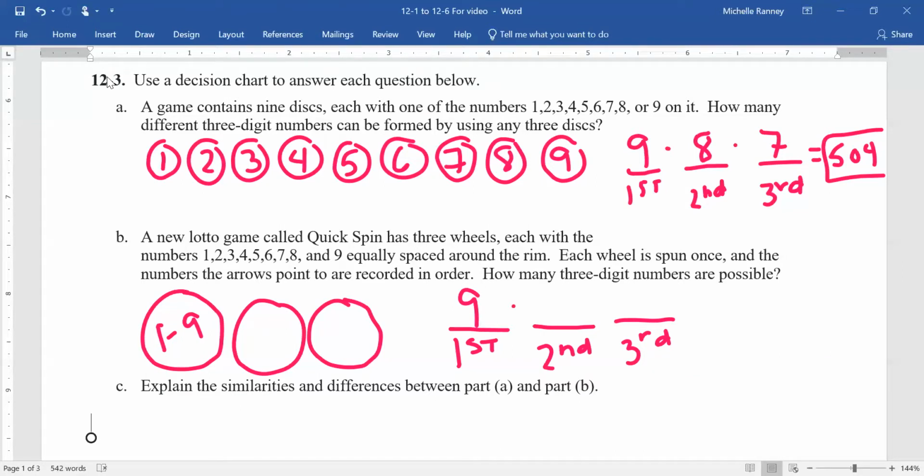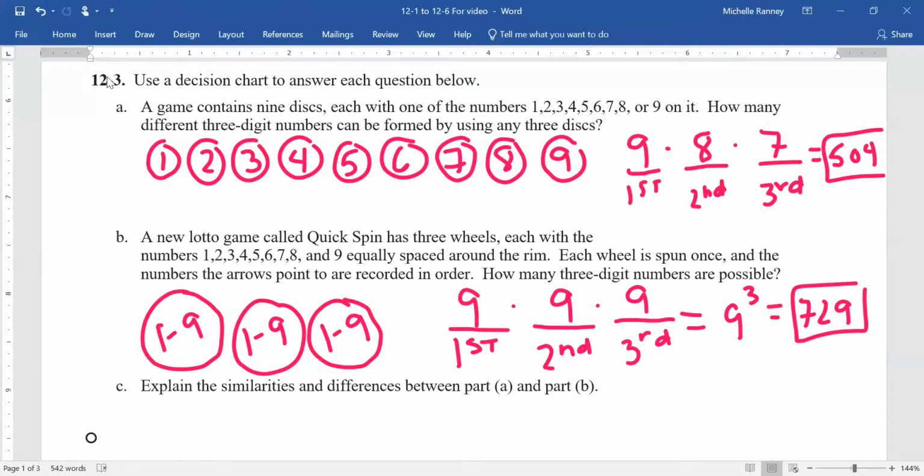And then when I'm doing the second spin, the second spinner, it also has the numbers 1 through 9 on it. So I again have 9 different choices. And then when we do the third spinner, we have the numbers 1 through 9. So I have another one that has 9. So when we do this, we get 9 to the third, and that is 729.